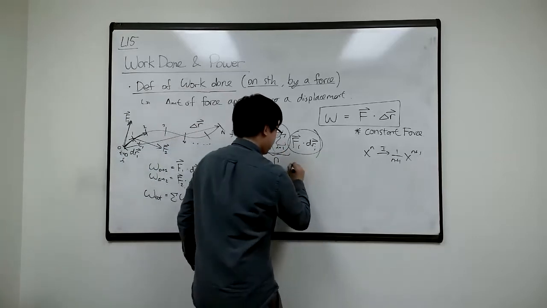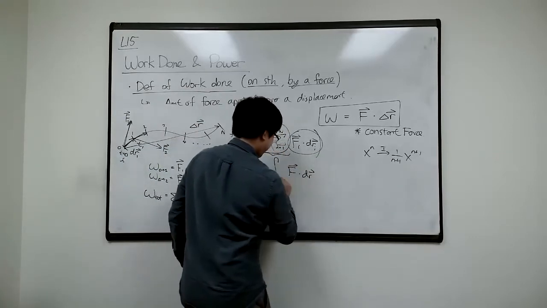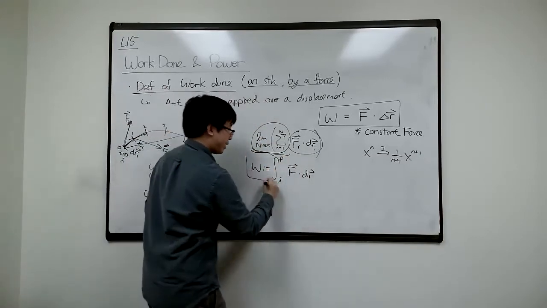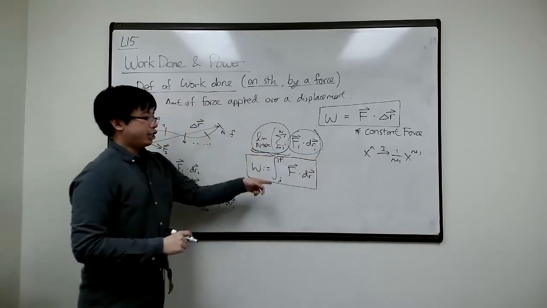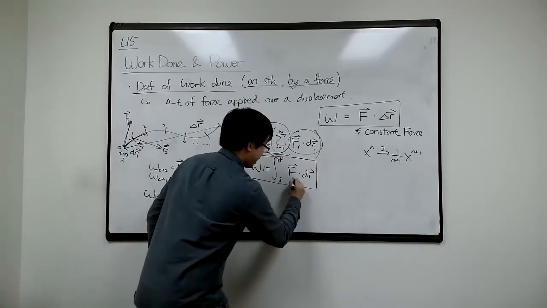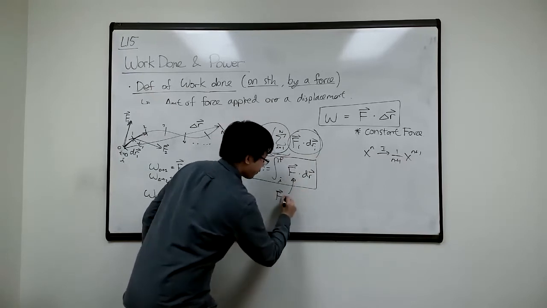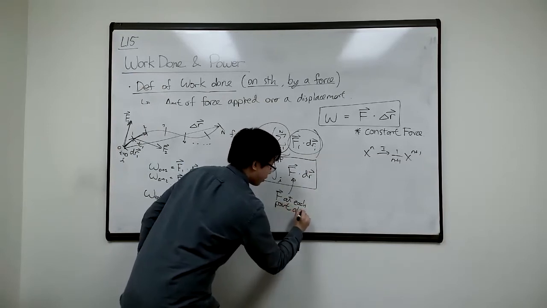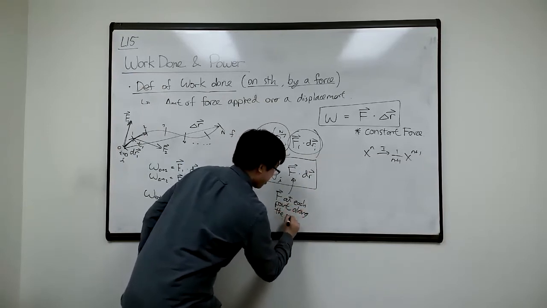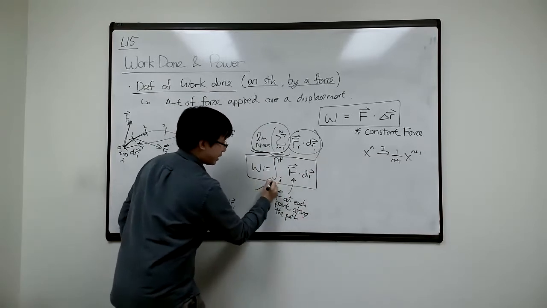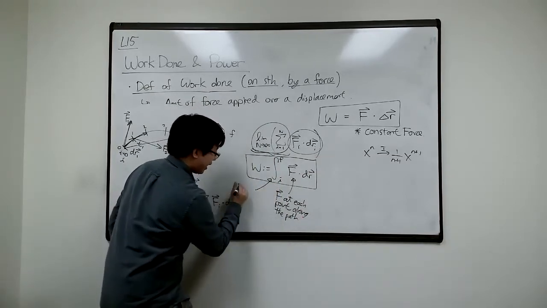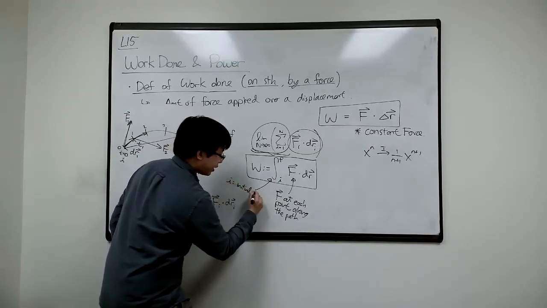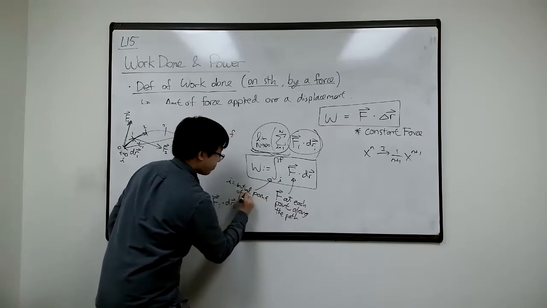So this is the full definition of work. You can put that in the box. If someone asks you for a definition, you can put it this way. Here you say this is the force at each point along the path. I is the initial point of the path.